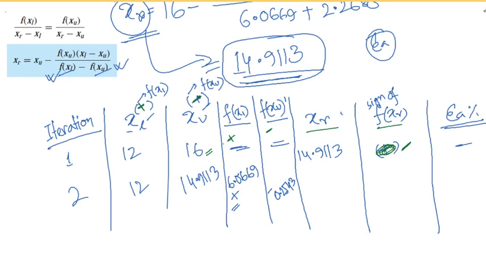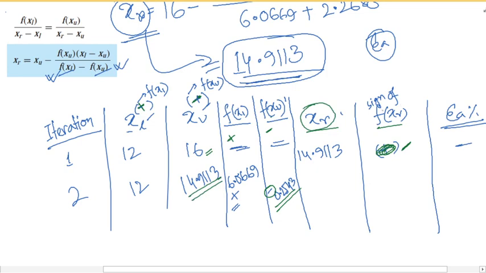Yes, the value of this one is negative, and that's why this is replacing this one. As you can see, this is negative, this XU. So for this FXR is negative, and this negative means this value has replaced this 16 here.